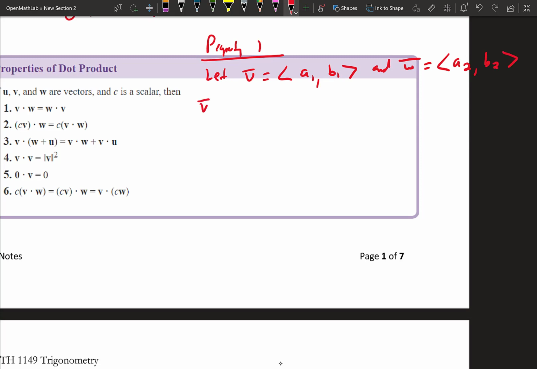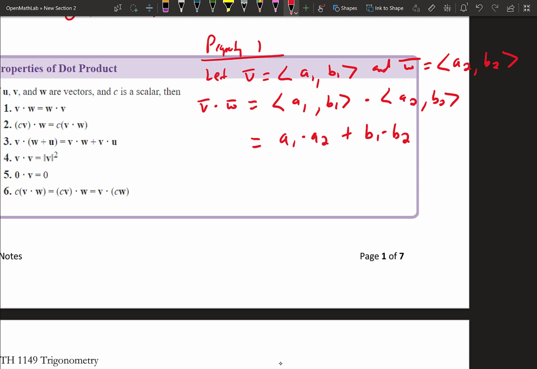Then if I take vector v dot vector w, this is equal to vector a1 comma b1 dot vector a2 comma b2, which is equal to a1 times a2 plus b1 times b2.